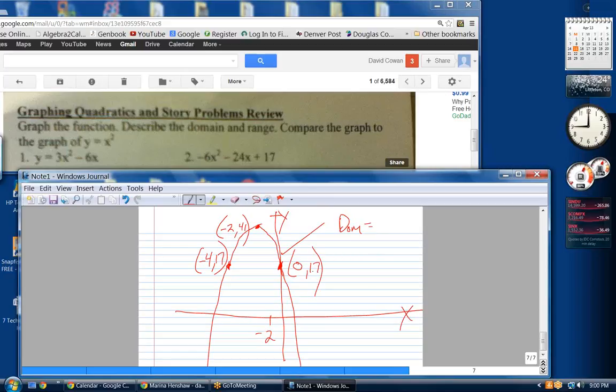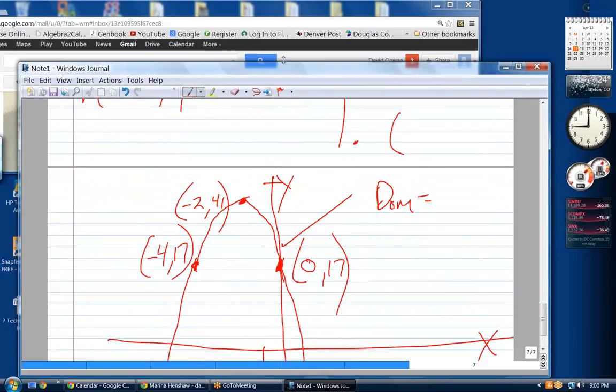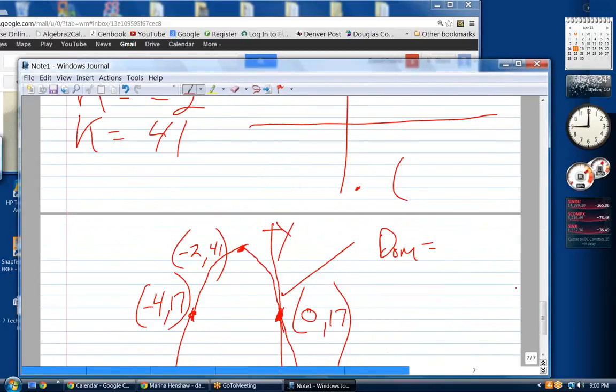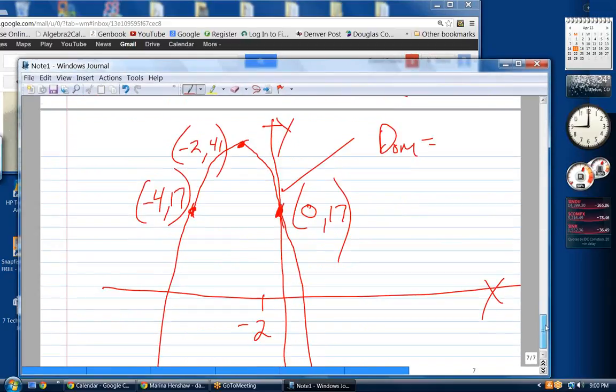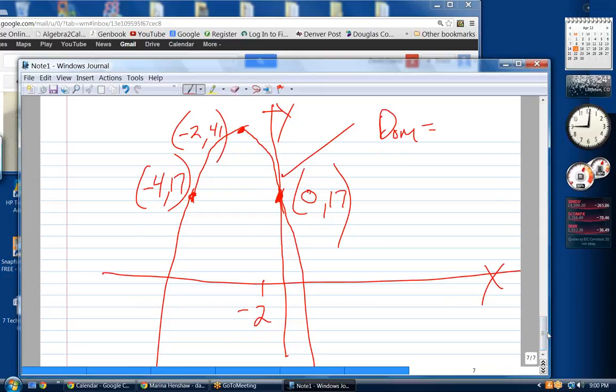Is there any value you can figure by looking at that graph that x cannot be? Can x be minus a million? Look at this graph. Can x be minus a million?